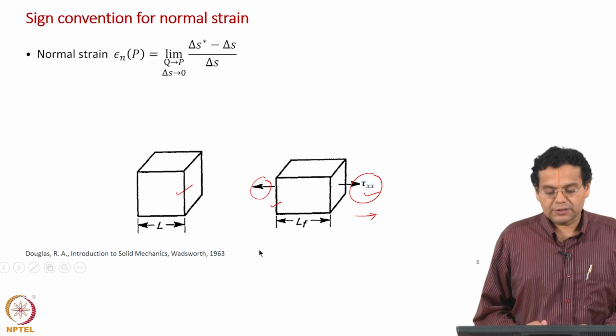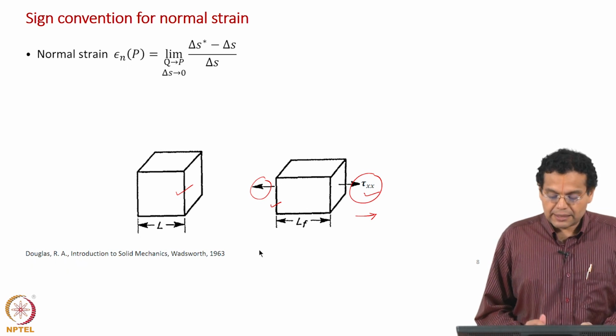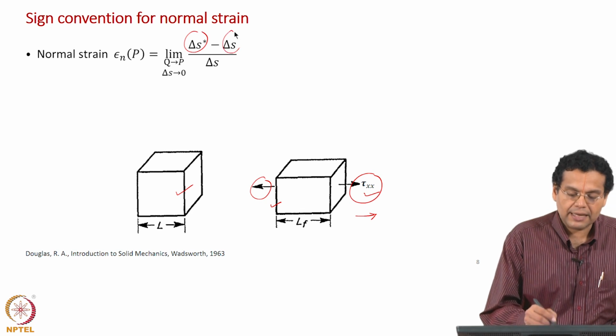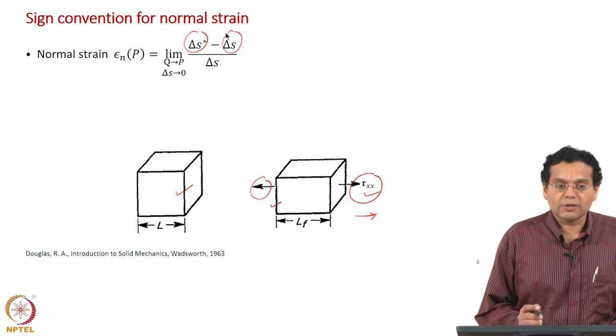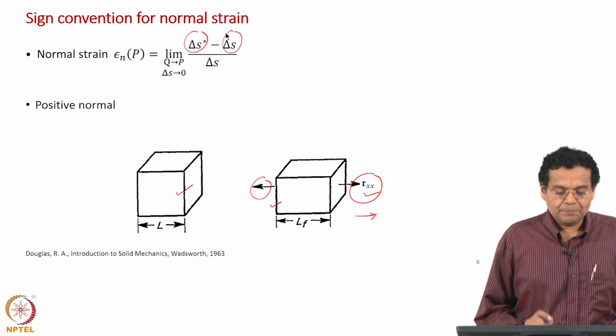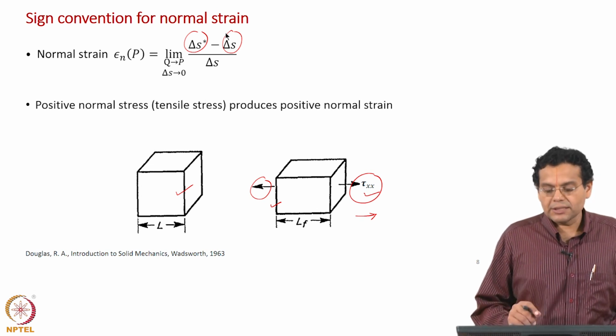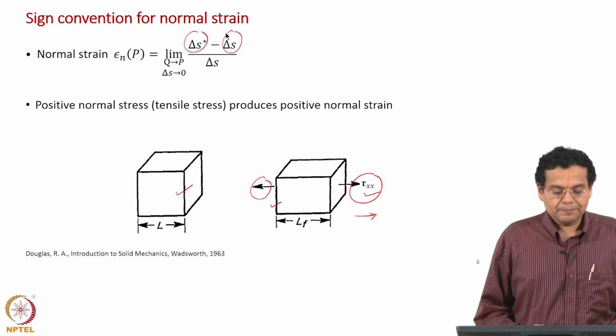Tensile forces are positive, and that results in an expansion. So, delta s star will be larger than delta s, and you get a positive normal strain. So, we can conclude that positive normal stress, tensile stress, produces positive normal strain.